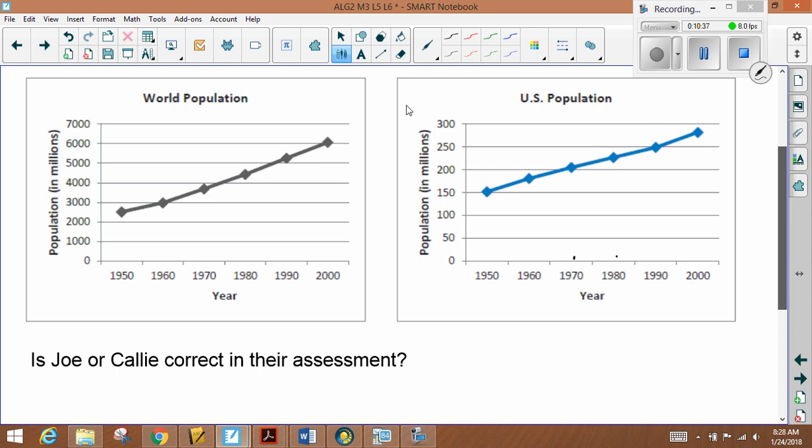Yeah, I think both China and India have billions, like over a billion. So let's look at the slope of this thing then. We know that Kelly is really wrong. She needs to stick to orthopedic surgery.